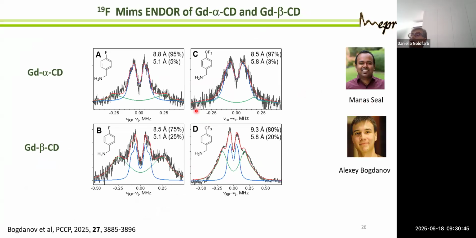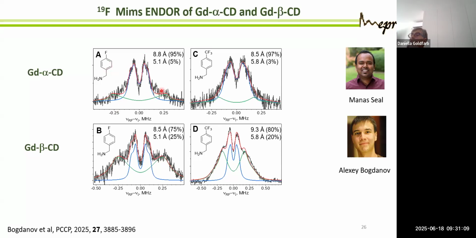Here you can compare the alpha cyclodextrin and the beta one. This is a really nice example because this is very weak binding. So you have a huge excess of your guest, but you see only the one that is close to the gadolinium. This is really one of the advantages of this method.